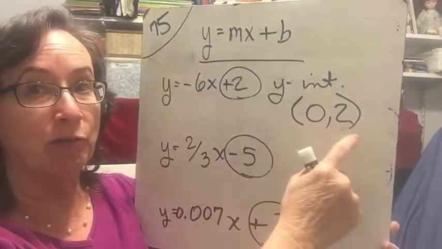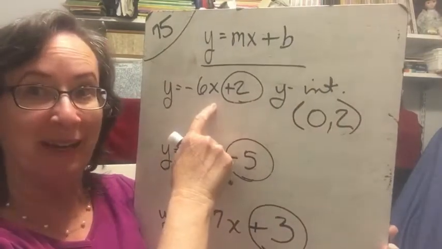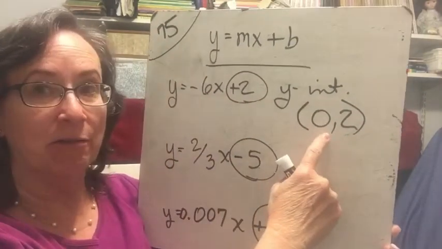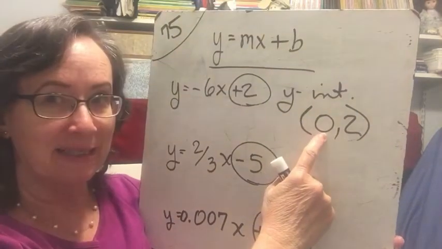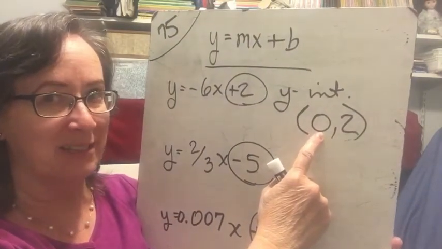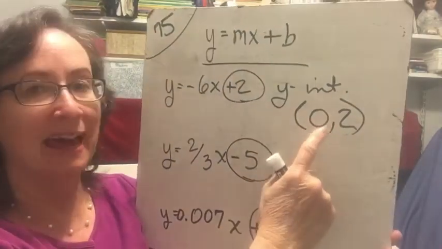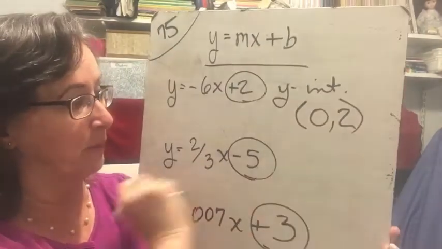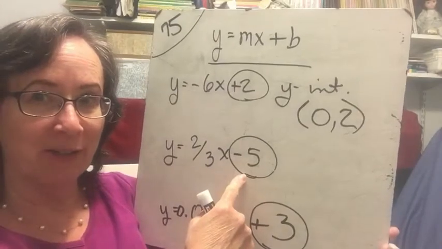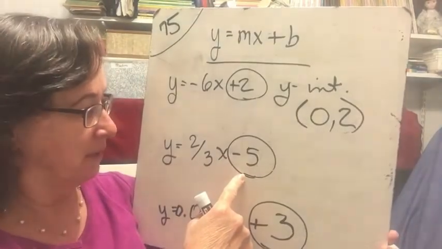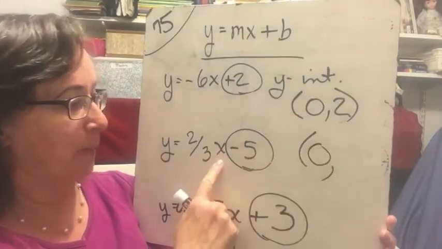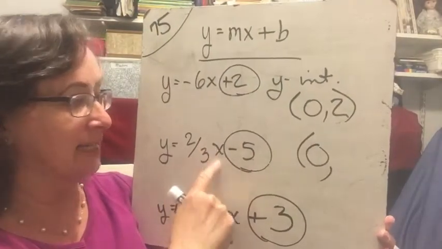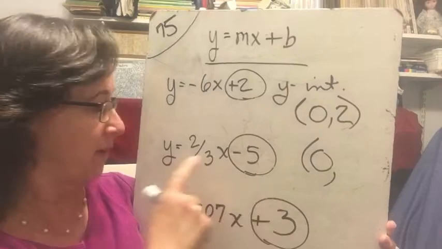So (0, 2) is a true point for this line, and (0, 2) is what we call the y-intercept. When x is 0, the line crosses the y-axis at (0, -2). Now here, the y-intercept is -5, because if I let x be 0 and plug in a 0 right there, then I get 0 minus 5, which is -5.